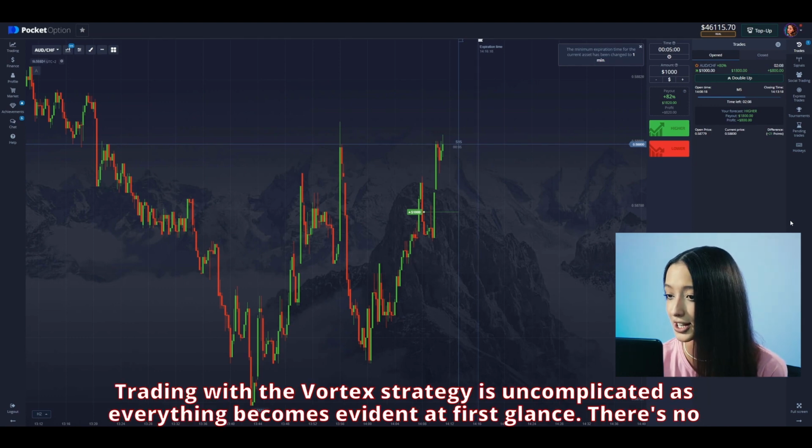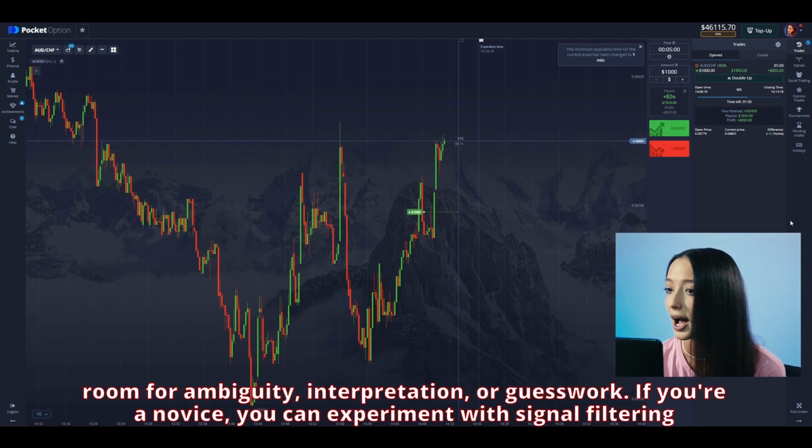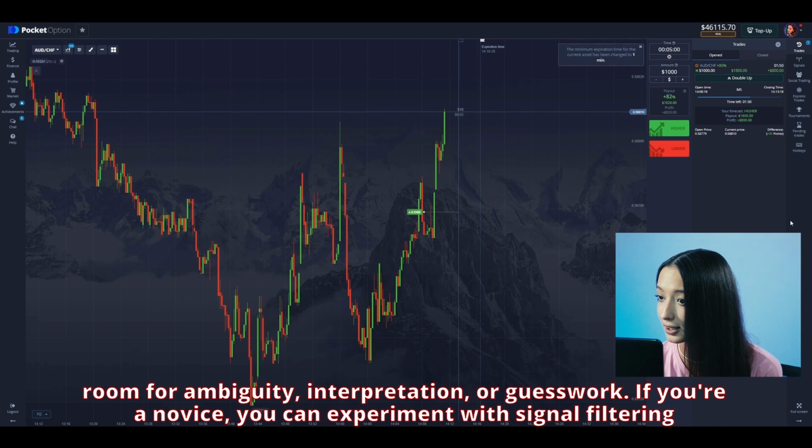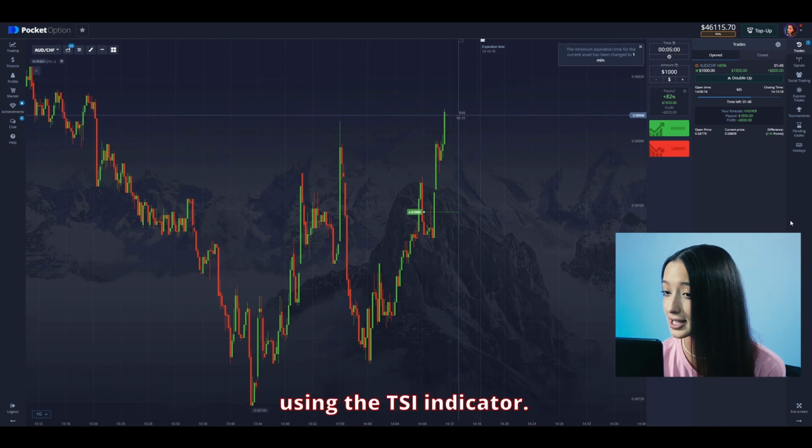Trading with the Vortex strategy is uncomplicated, as everything becomes evident at first glance. There is no room for ambiguity, interpretation or guesswork. If you're a novice, you can experiment with signal filtering using the TSI indicator.